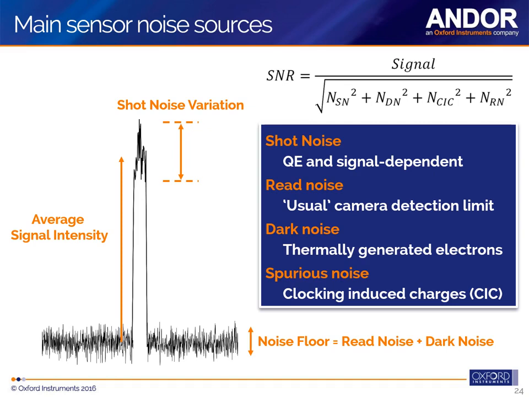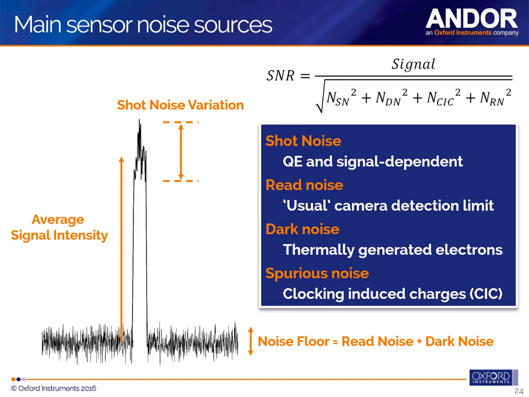The second type of noise that is important for sensors is readout noise, and it is usually the detection limit for the majority of sensors like CCDs and CMOS. A third source of noise is dark noise. The dark noise is basically a representation of thermally generated noise by the sensor.